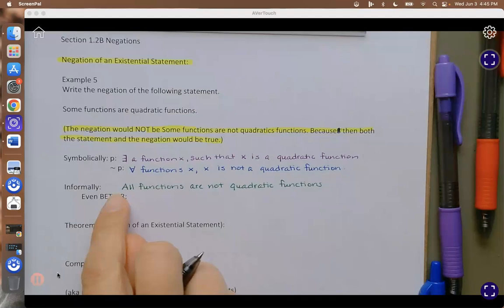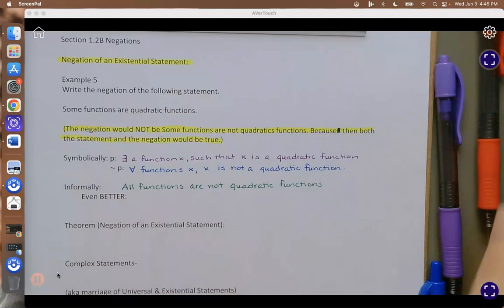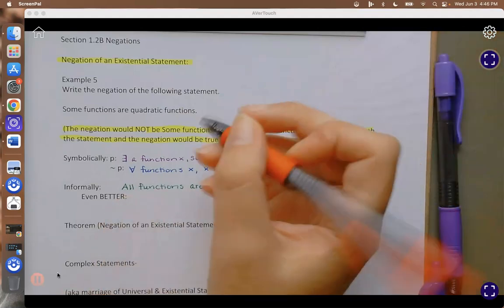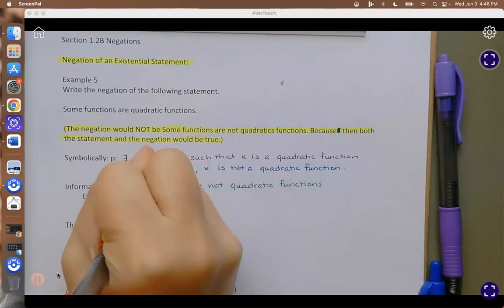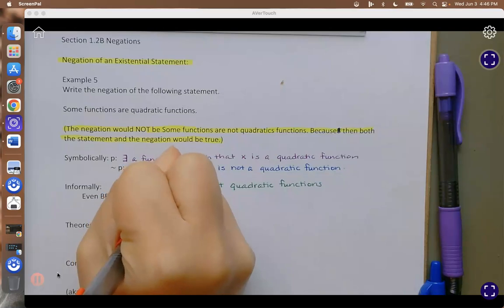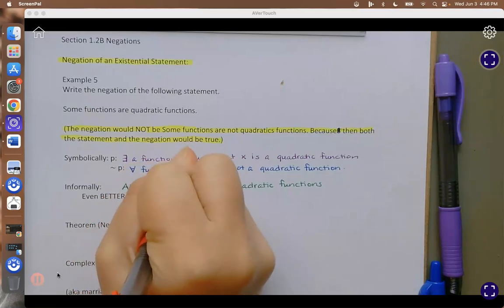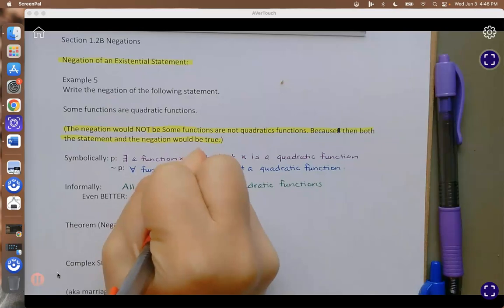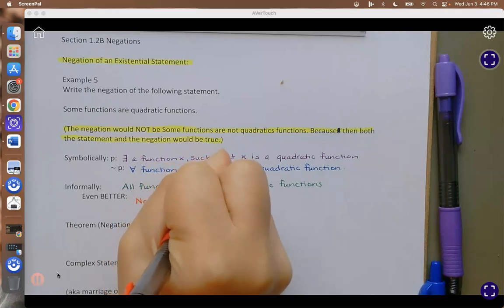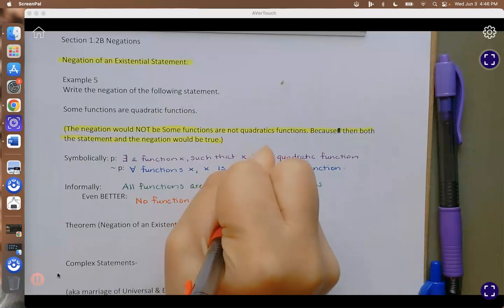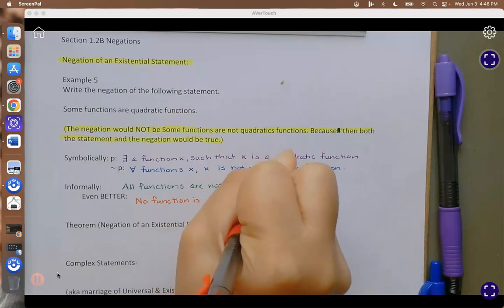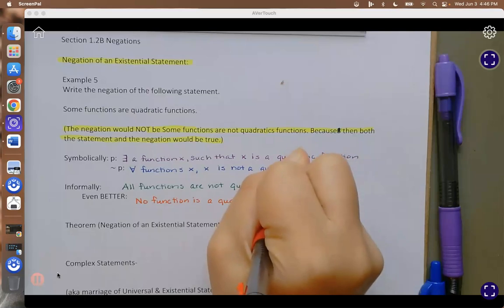So how would you make that flow better? So those of you that are better at English than you are at math, this is right up your alley. So what would make that sentence flow better? And it would be, no function is a quadratic function. But I would take either one of these. It would be fine. No function is a quadratic function.